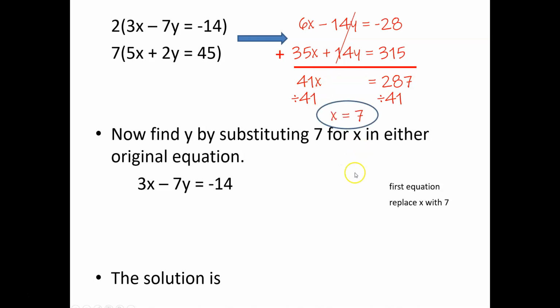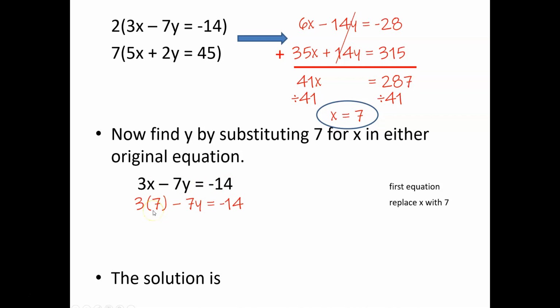We're halfway done. Now we're going to find y, because we already found x, by substituting 7 in for x in the original equation, and I think this is the top one originally.